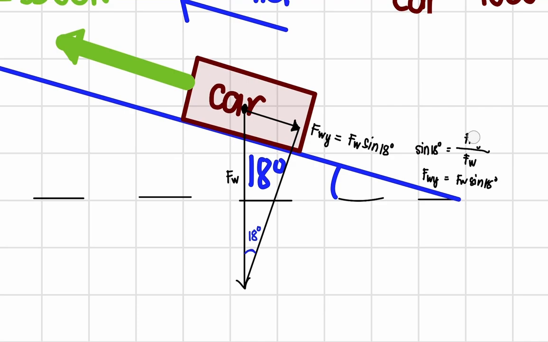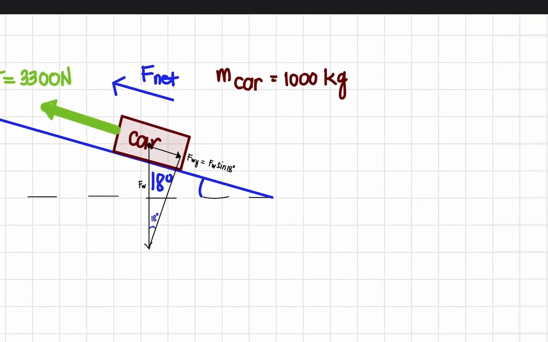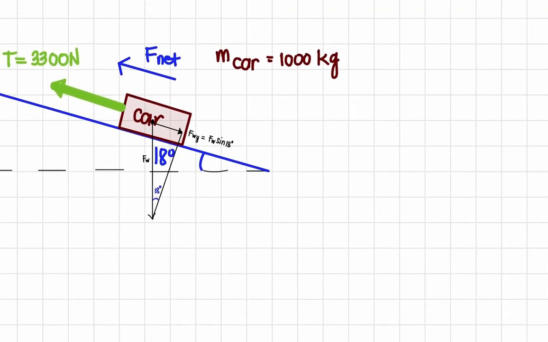Alright? So we can now make an equation out of our forces. So the net force here is directed upward. The car is going in that direction, meaning tension is greater than this FWY.